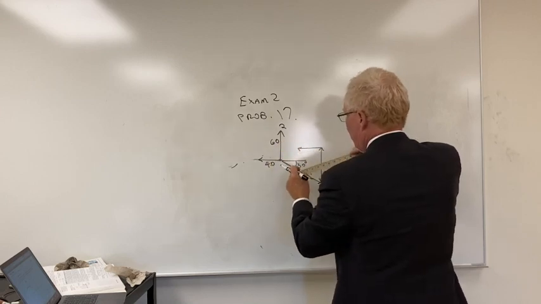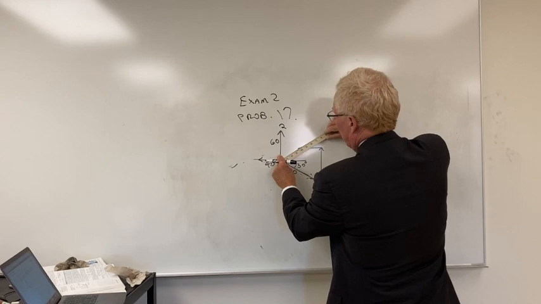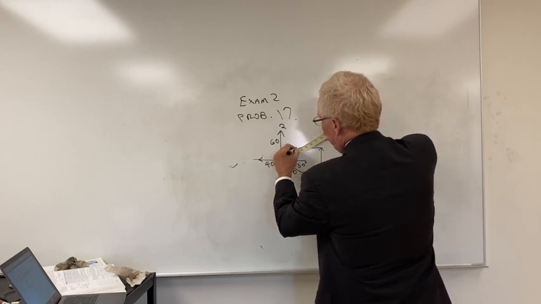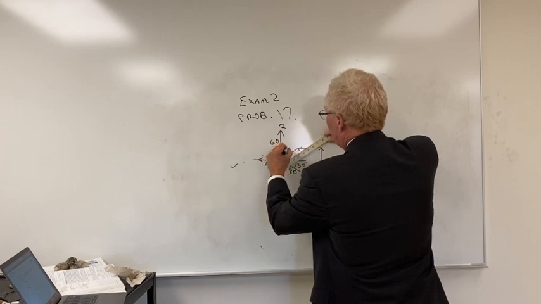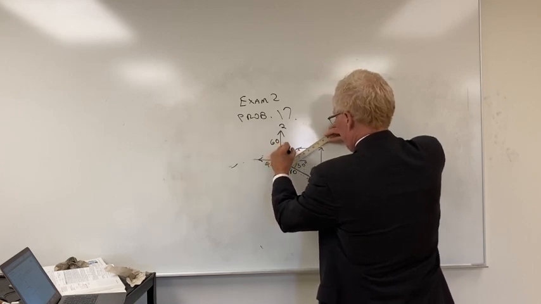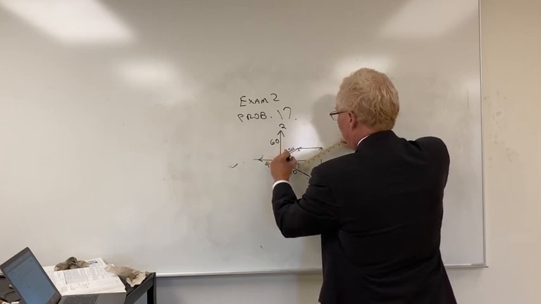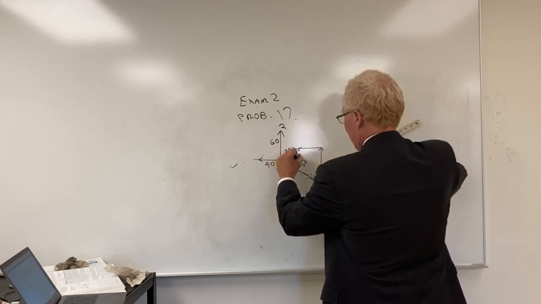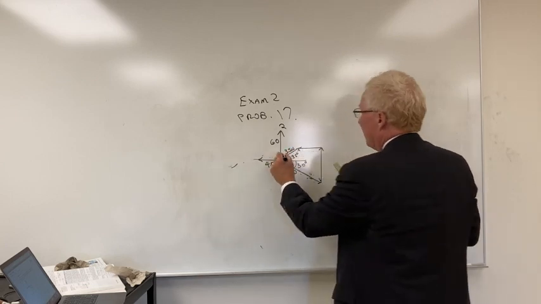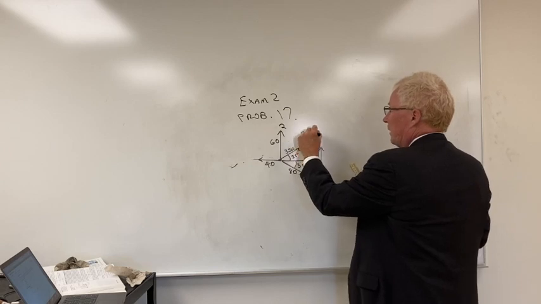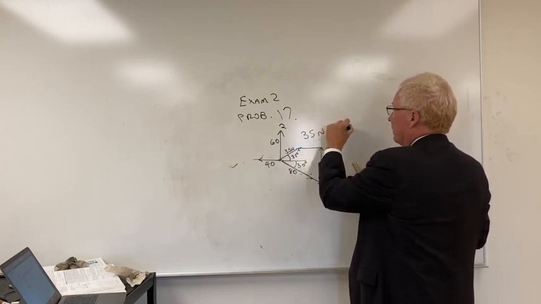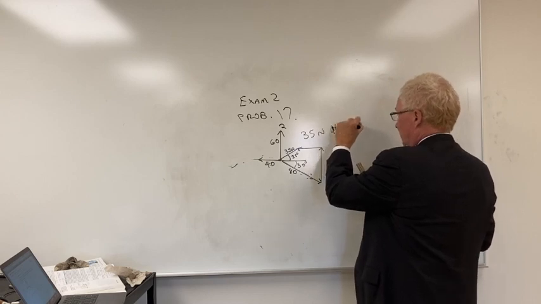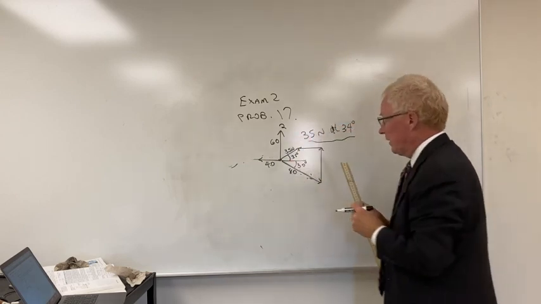All right, the net result would be approximately this number, which corresponds to 3.5 inches, so about 35 newtons, and the angle is approximately 34 degrees. This would be the result, 35 newtons at 34 degrees. All right, so that's the answer there.